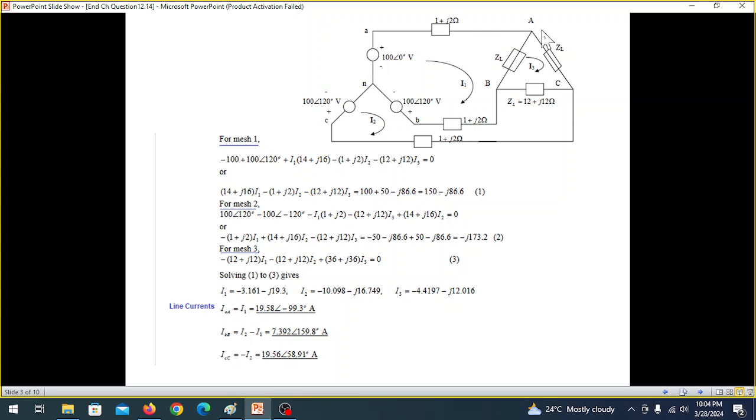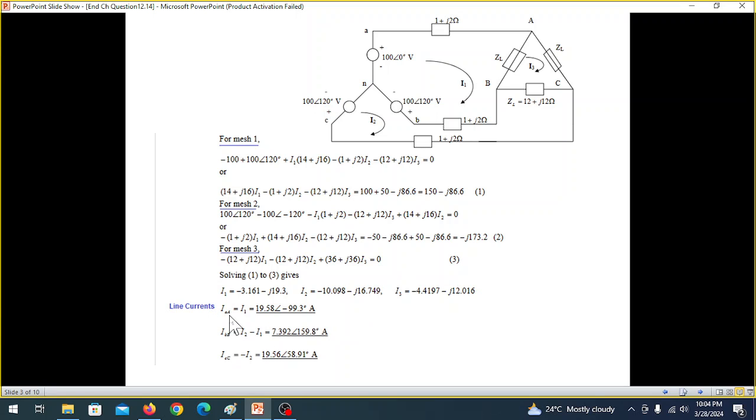This is the line current, and this line current is obviously equal to I1. So he has calculated I1, I2 and I3 by solving these three equations, the mesh 1, mesh 2 and mesh 3 equations. By solving, he has got these three currents, I1, I2 and I3.